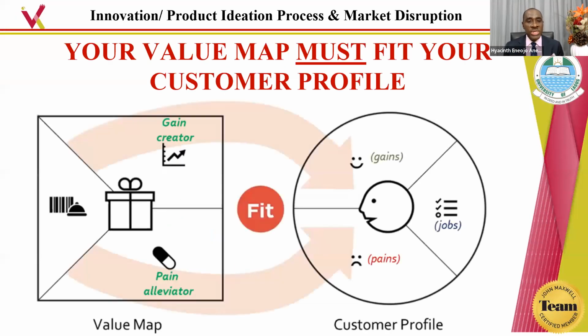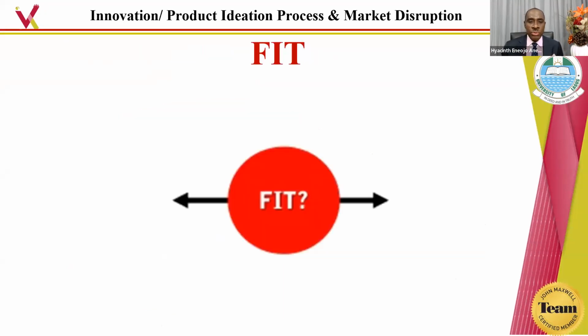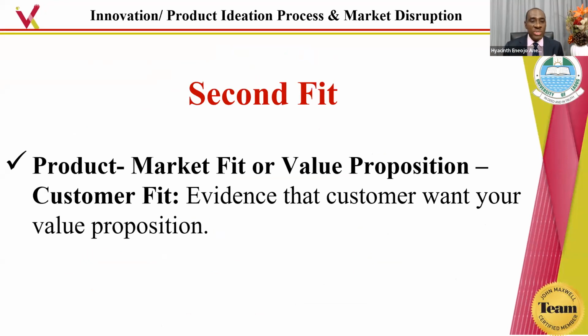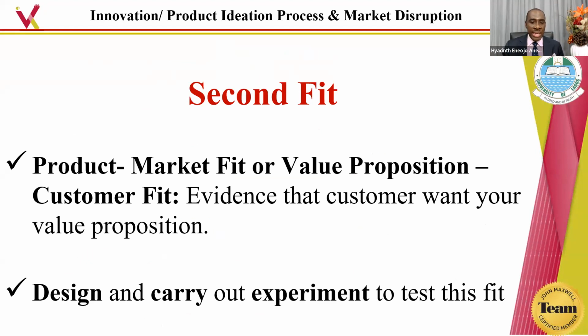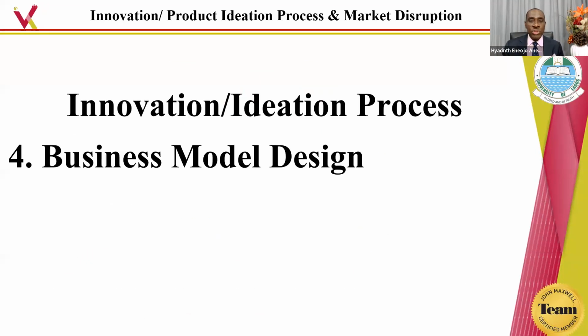The goal also is to ensure that the gain creators are providing the gains they want to have, the pain relievers are alleviating the pains they want gone, and your product functionalities are meeting the jobs that they want to do. The second fit you want to establish is that your product and your market fit: your value proposition, innovation, and your customer fit. Evidence that the customer actually wants the innovations that you are bringing to the market. You design and carry out experiments to test this.